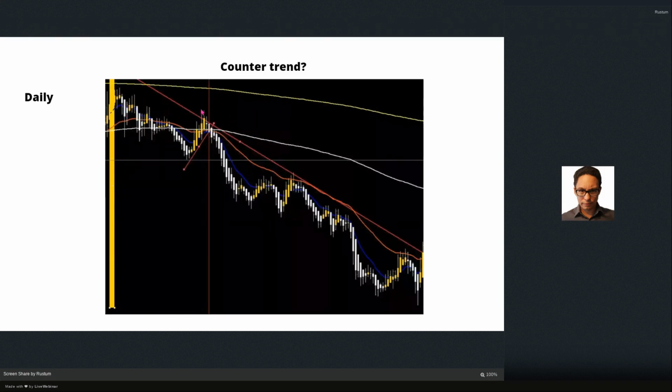So for various reasons, we found that we want to trade down. We want to trade short. And also we have the crossover of this EMA over here on the daily. So we are confirmed short. So we look at any up move for an opportunity to actually get in on this trade going short.